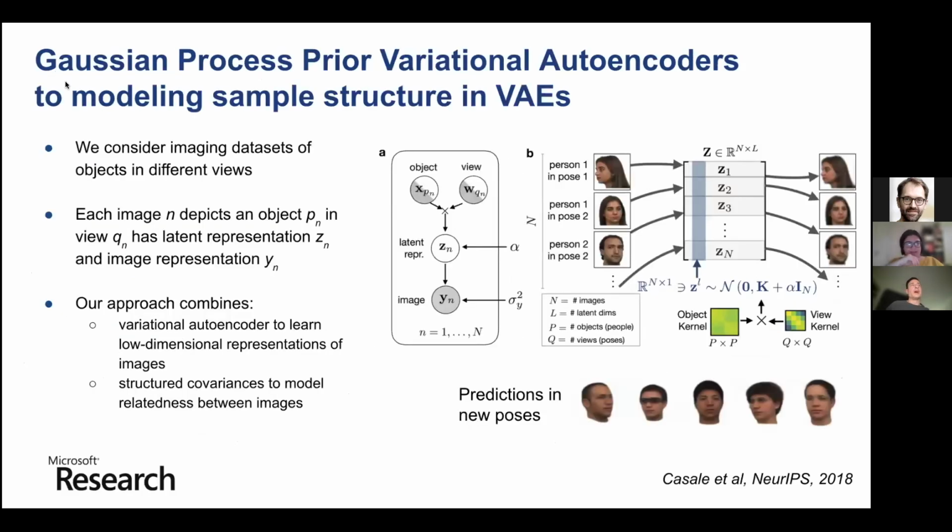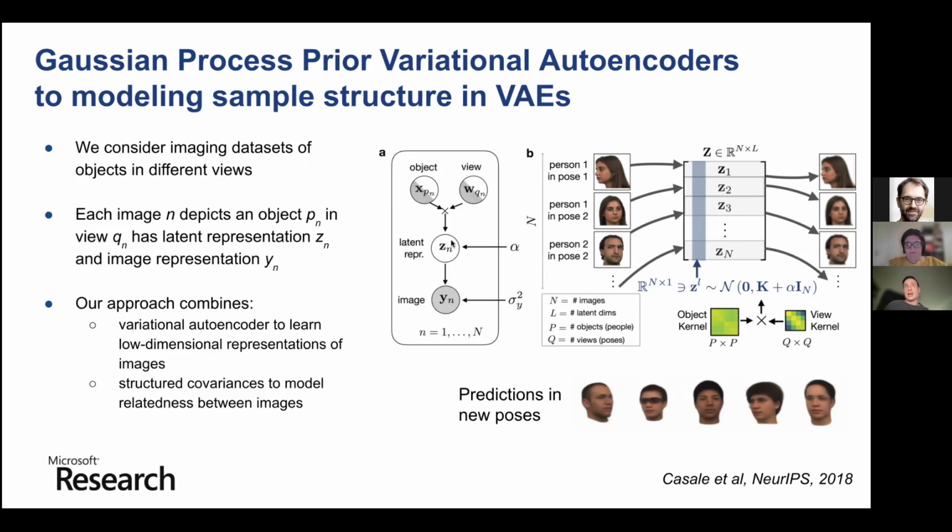We solved this problem in a technical contribution, the Gaussian process prior variational autoencoder, where we generalize variational autoencoders to the case where the prior on the data space is non-IID, and we specifically focused on imaging datasets that contain representations of objects in different views.